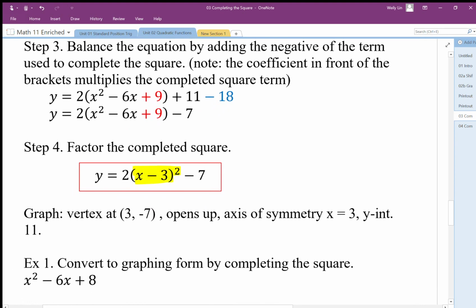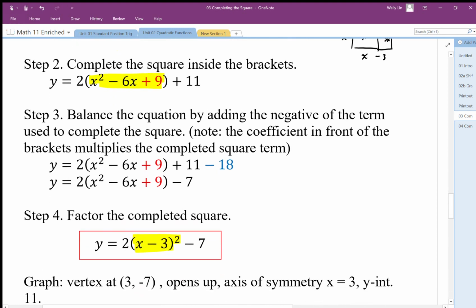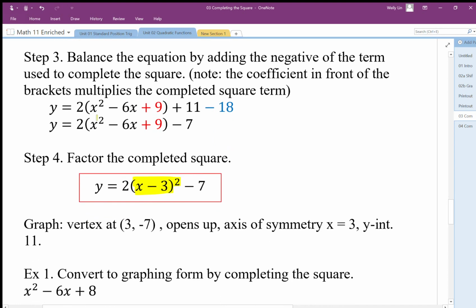We went from this general form, where we could only see that it's opening up, it's been vertically expanded, and it's got a y-intercept, but we don't have an indication of the symmetry or the vertex. So we've done some algebra and put it into the perfect square form, which allows us to find the vertex.